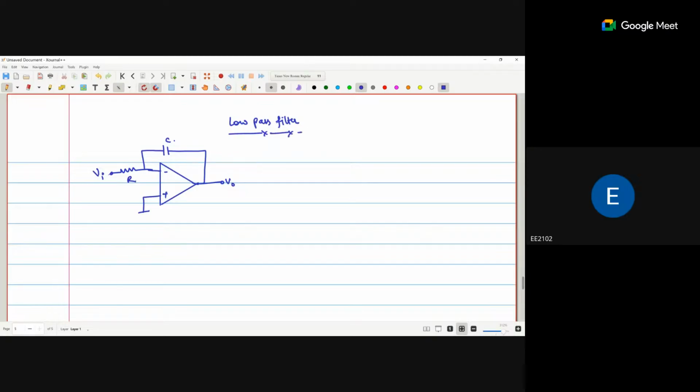How is this a low pass filter? We can calculate the transfer function. So what is the transfer function V naught upon Vi? This is 0. Why? Because of the virtual ground concept.